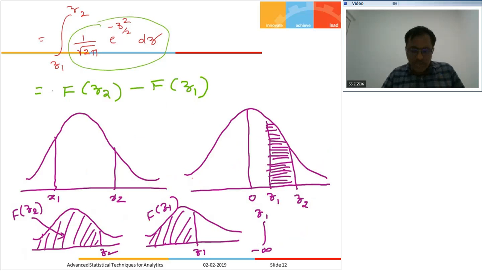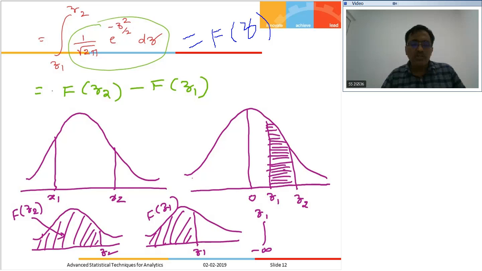Now what we expect is, suppose someone gives the integral value, simply we replace upper limit minus lower limit. Suppose someone says this integral value is f of z. What is this f of z?